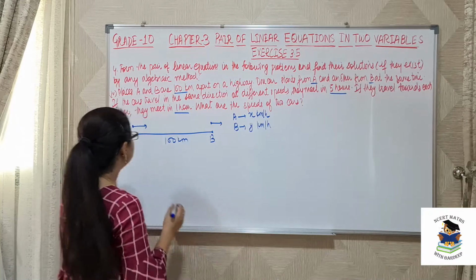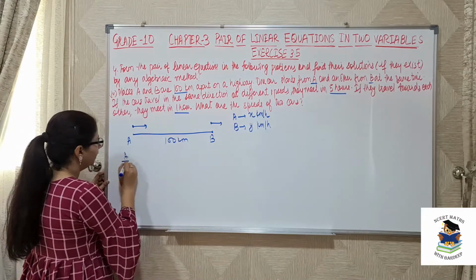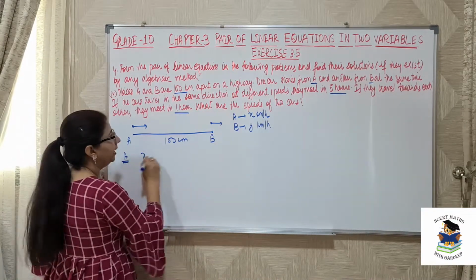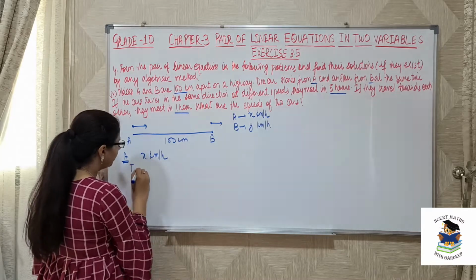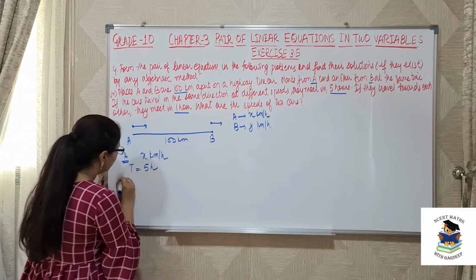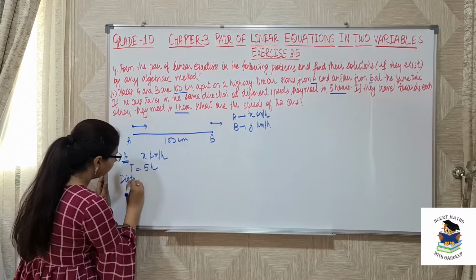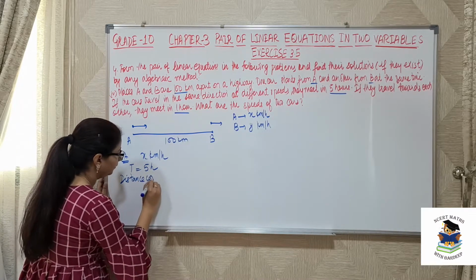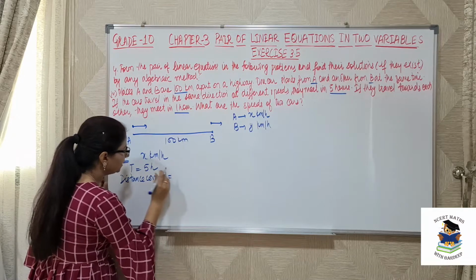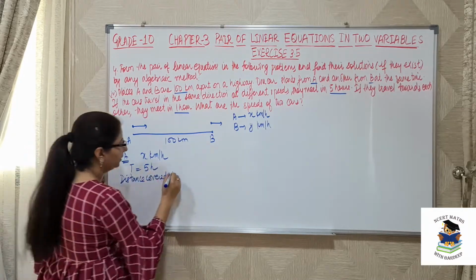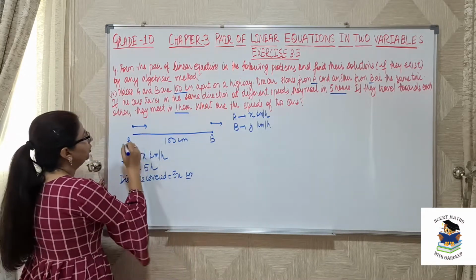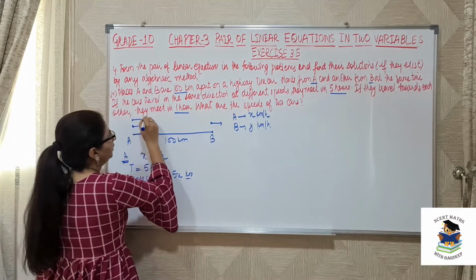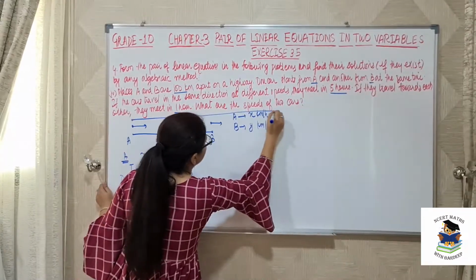Okay. So the speed of the car starting from A, I have assumed as x kilometer per hour. How much is the time? This is 5 hours. So what is the distance covered? Distance covered is speed into time, so this is 5x kilometers, right? So this car will go something like this.